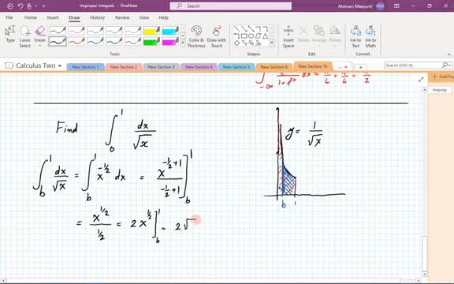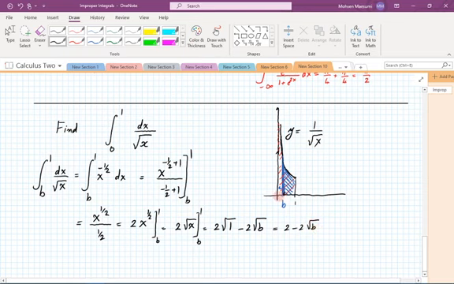When I plug 1 into this thing, it becomes 2. Let me rewrite this so it's readable. From b to 1, it becomes 2 times the square root of 1, which is just 1, minus 2 square root of b. Well, that's 2 minus 2 square root of b. So if I stop at b, my area is going to be this.